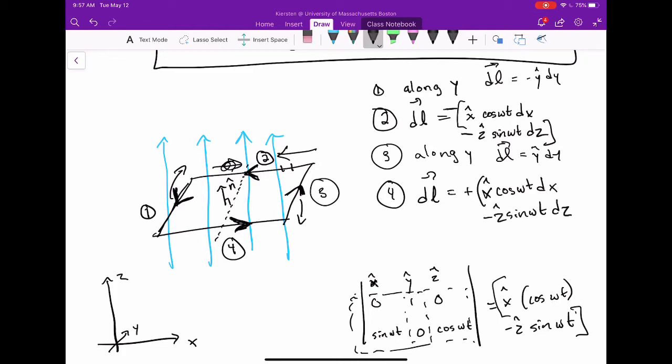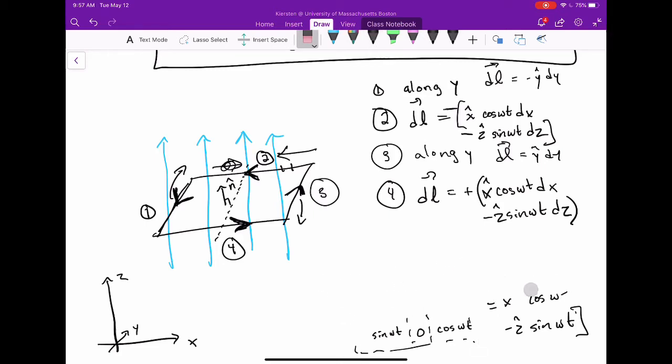All right, so how do we figure out what the induced EMF actually is?